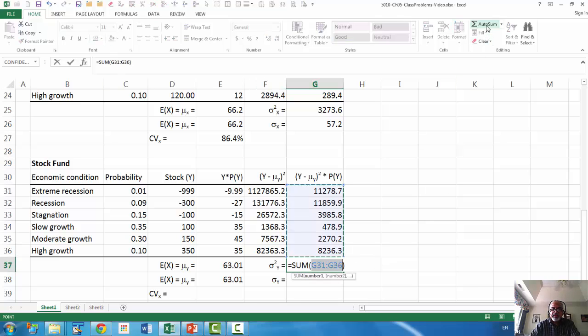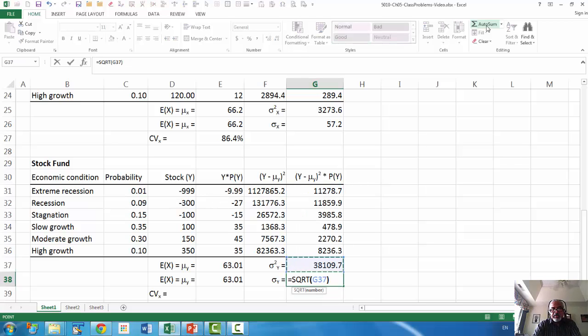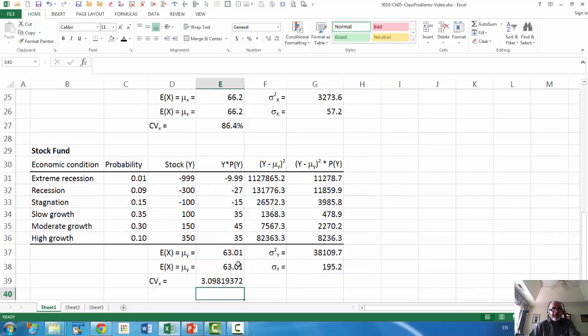The sum of that is our variance, and the square root of that is the standard deviation. And if you take the standard deviation and divide by the mean, you get the coefficient of variation. And you see the stock fund coefficient of variation is really high. Obviously, there is much more risk involved in the stock fund.